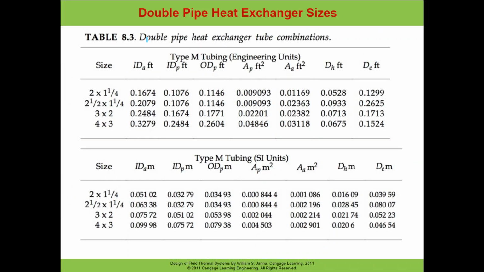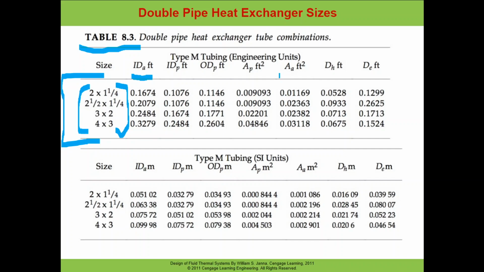And another table suggests what the different possible combinations are. Some of the combinations mentioned here are 2 and 1 1/4, 2 1/2 and 1 1/4, 3 and 2, and 4 and 3. This indicates the outer pipe diameter, this indicates the inner pipe diameter, and then we have various values like inner diameter.